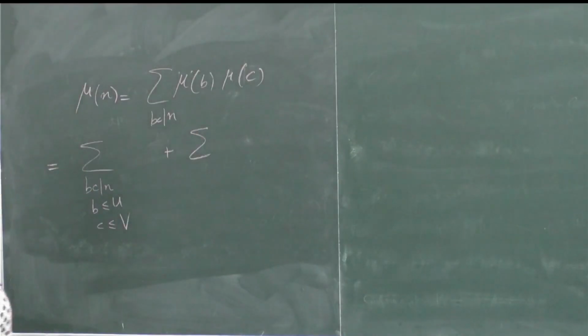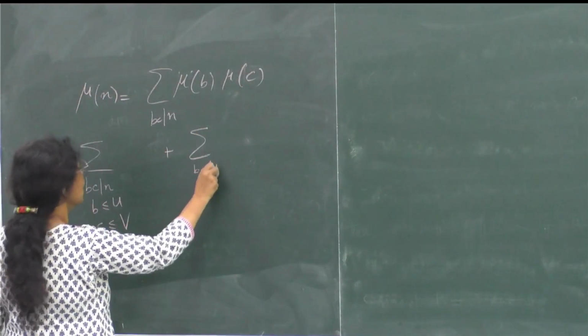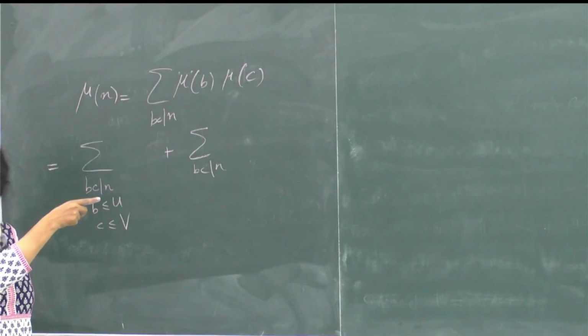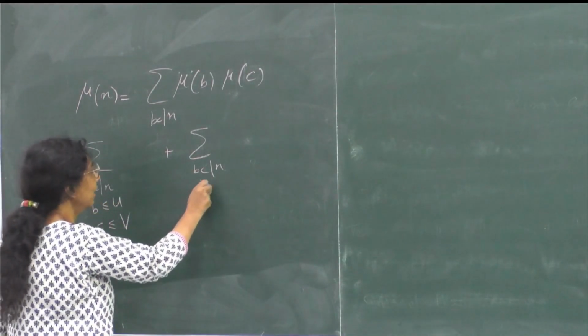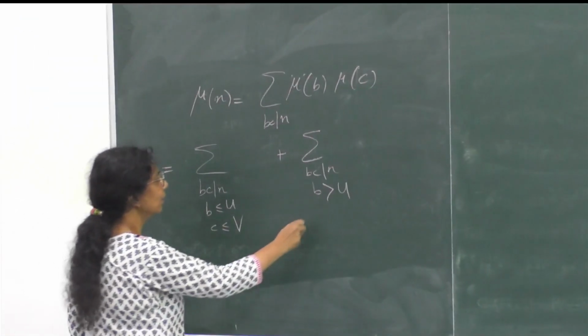What should I get now? bc divides n, b less than or equal to u, its complement will be b greater than u, and this one you can keep as it is.